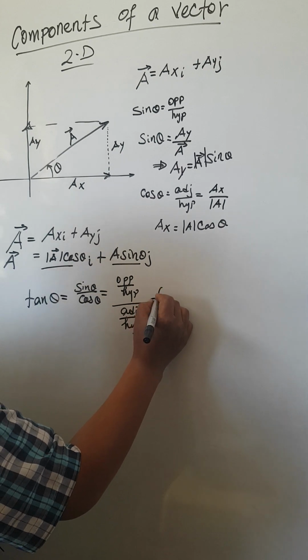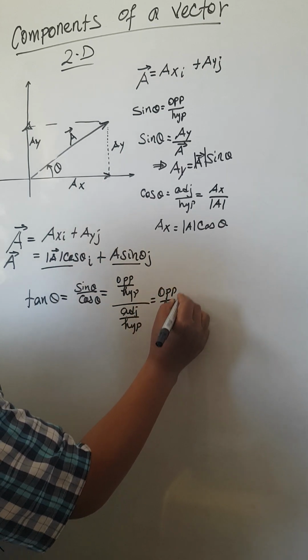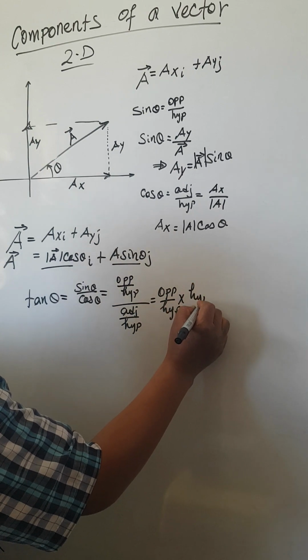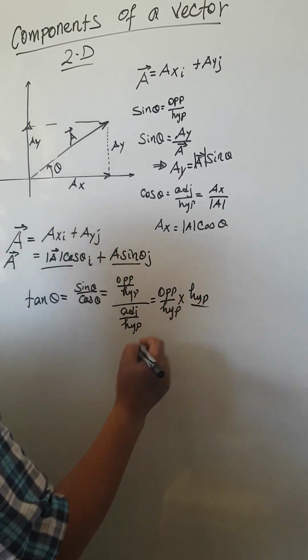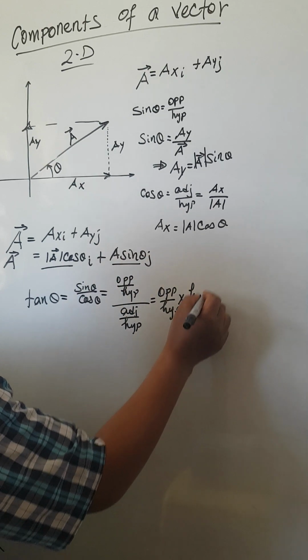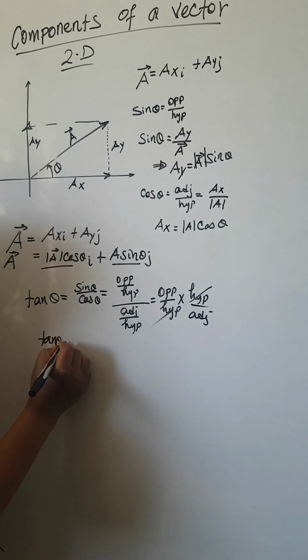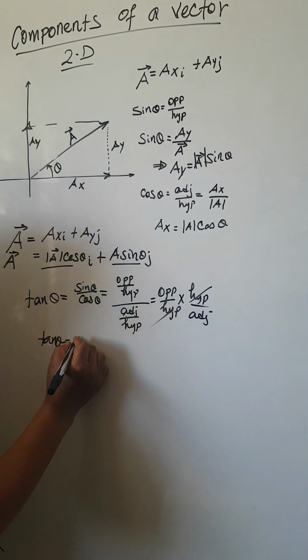Taking the reciprocal, tan theta is equal to opposite over adjacent.